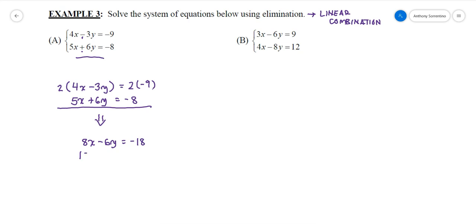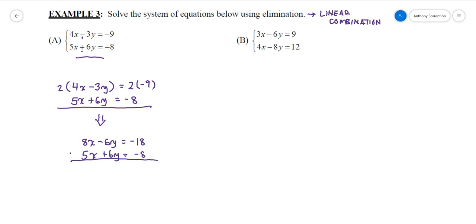And here I'm going to have 10x plus 6y equaling a negative 8. And I don't need to change the bottom one. I got multiplying by 2 happy. That stays the same.